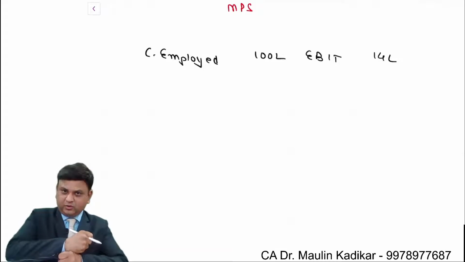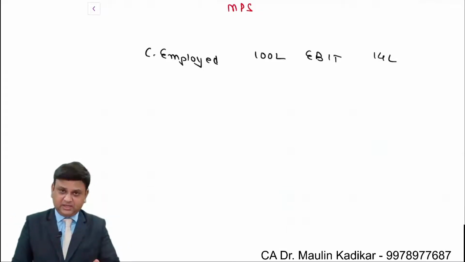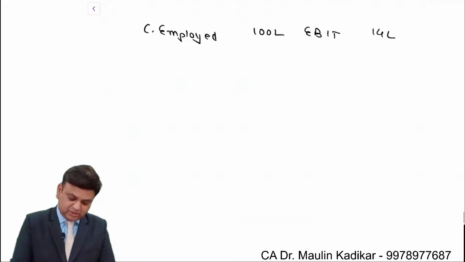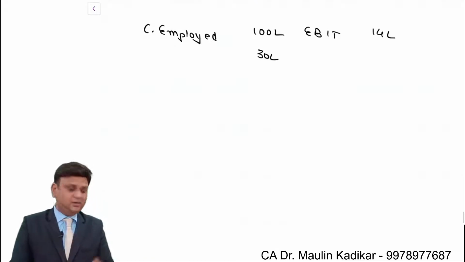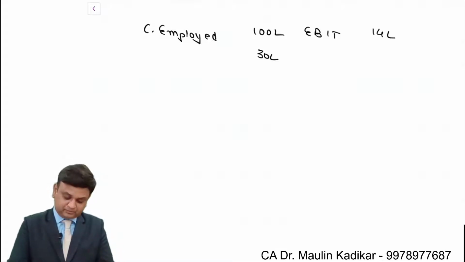What you are going to do is expand your business. By how much? By 30 lakhs. So this 30 lakh rupees of funds will be able to give you some earning.